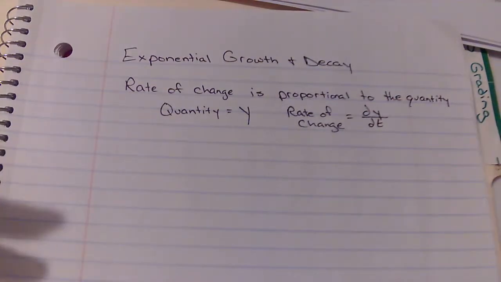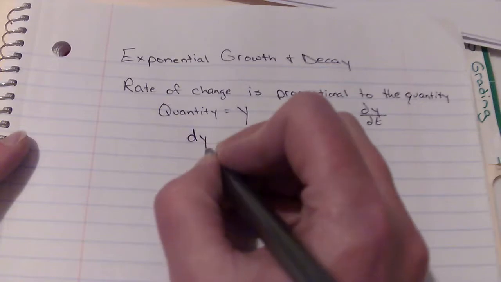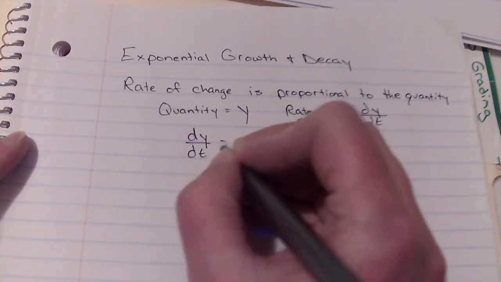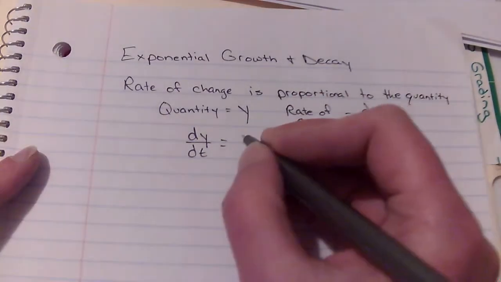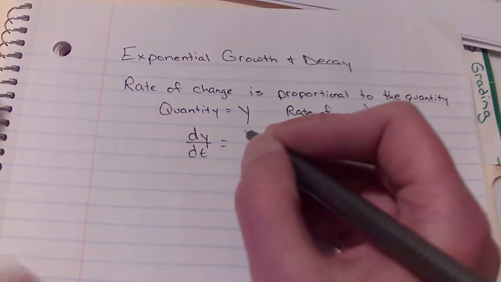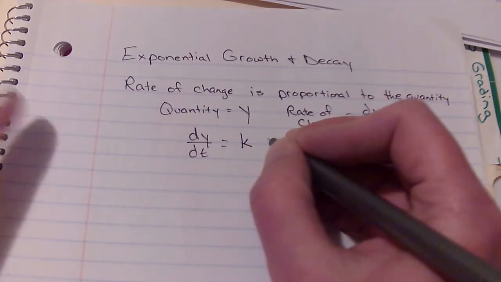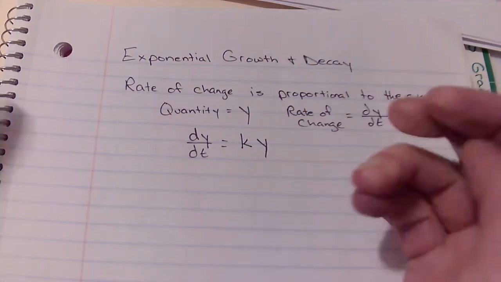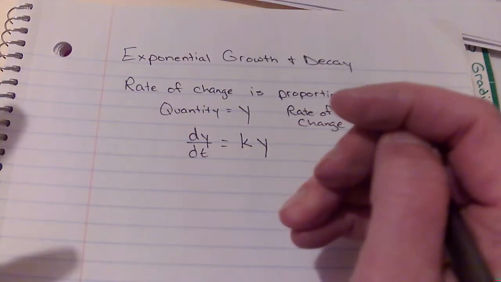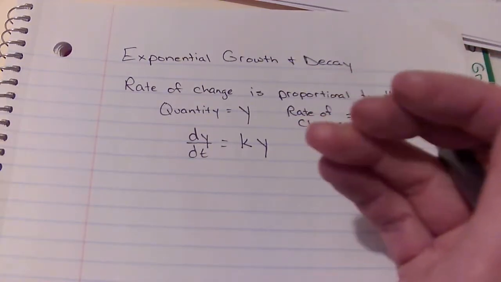Now let's look at what happens if the rate of change is proportional to that quantity. And when we mean proportional, we're talking about direct variation. That means that there's some constant k times that quantity. It could be that we're multiplying by 2 each time, we're multiplying by 3 each time, whatever that is.